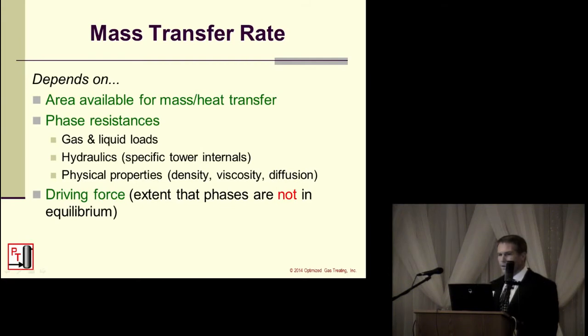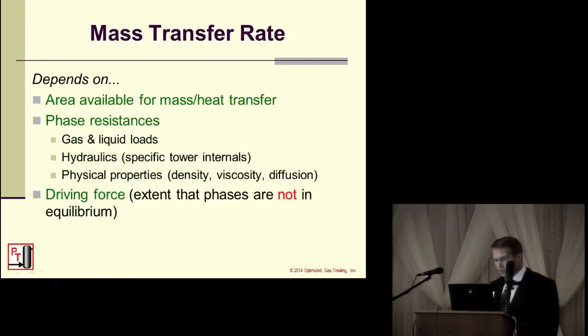You're not putting in an enhancement factor or a tray efficiency. You're putting in temperatures, pressures, flows, things you can read from a plant DCS screen or read off an engineering drawing. There are no fudge factors involved if you do this right from the start.